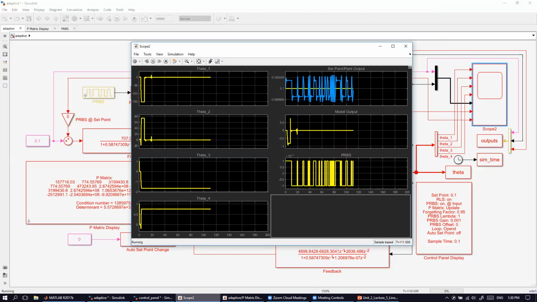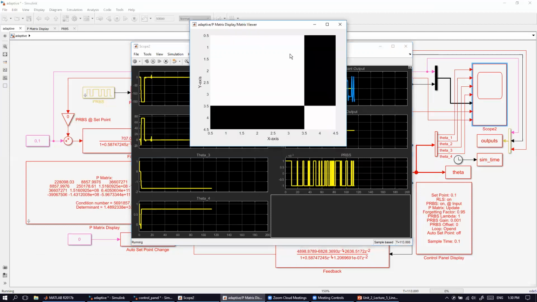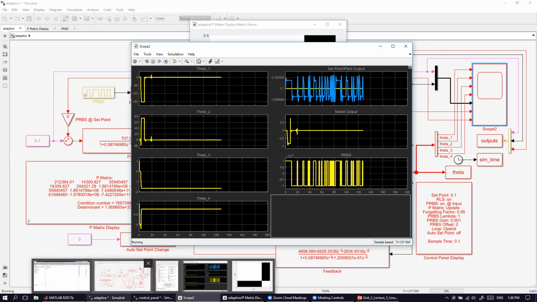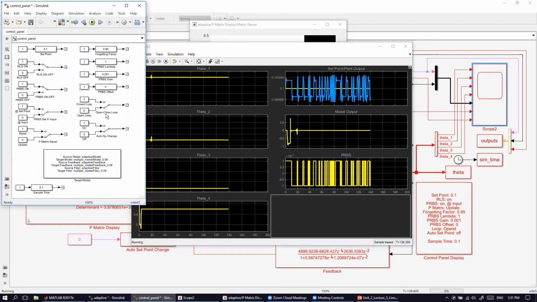Since the matrix is now well conditioned, that means that the parameters are well estimated. You see they went from some values and then to others, and now they're kind of steady. They're not constant, but they're steady. So now it is safe to switch the controller into the loop because it has been tuned well. Now I'm going to turn the controller in.